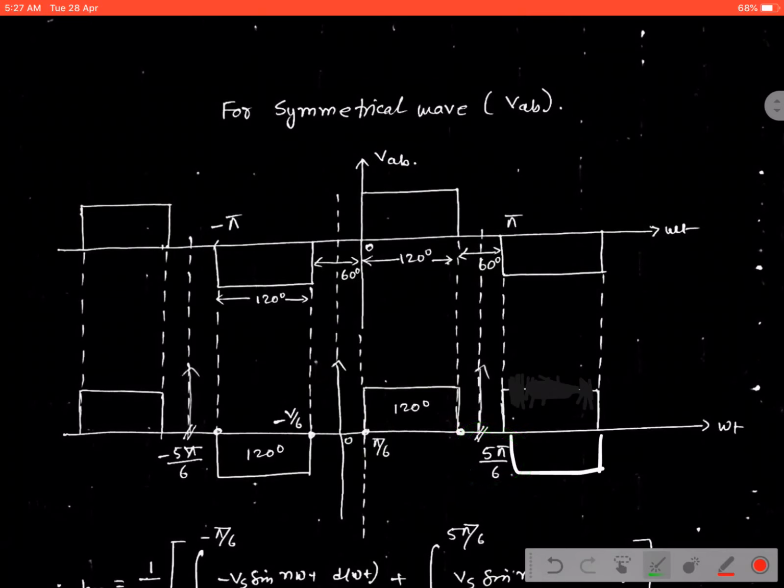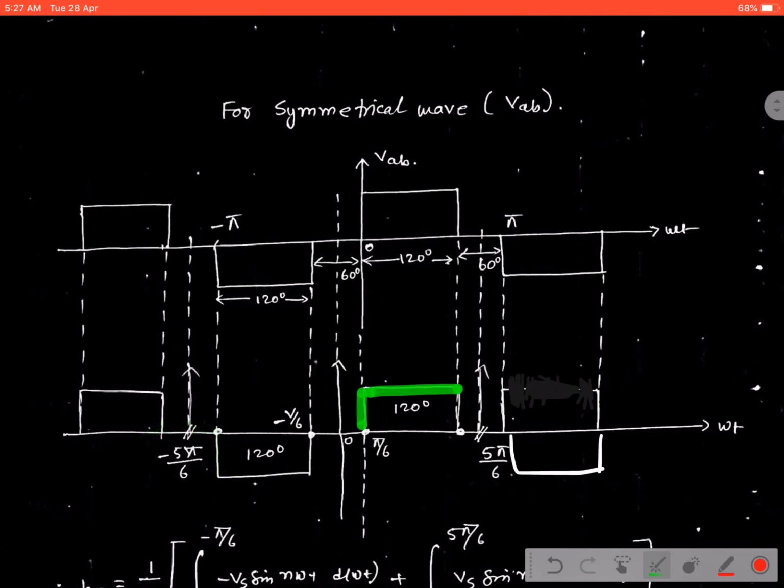Because once we shifted the axis this way, every point will be shifted this way. Previously it was defined by pi, right now this point is defined by 5 pi by 6. Similarly, the same thing can happen in this case also, that is minus pi by 6.